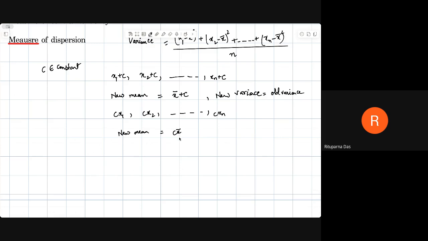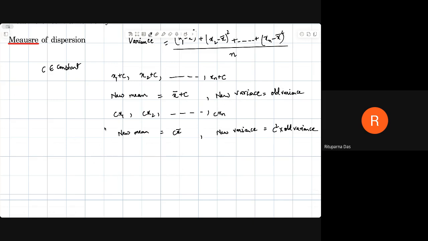And when you are multiplying it by some constant c, then the new variance will be equal to c square into the old variance. In case of standard deviation, it will be the square root.